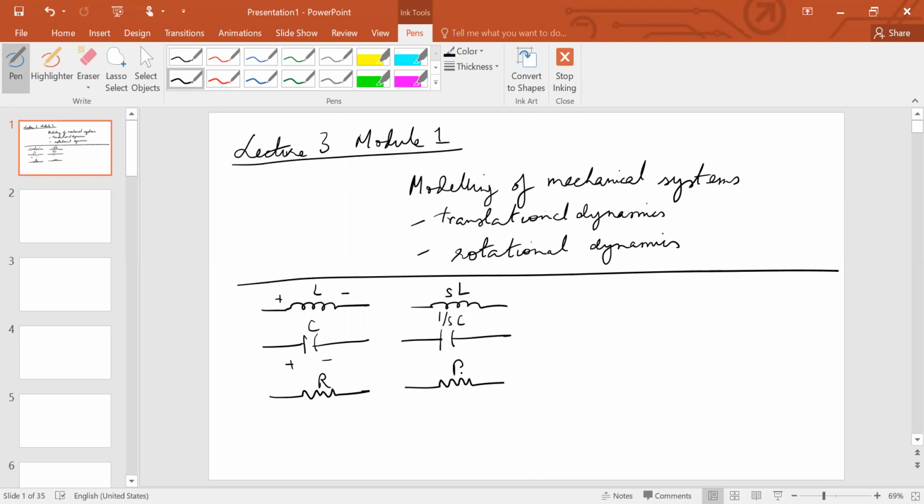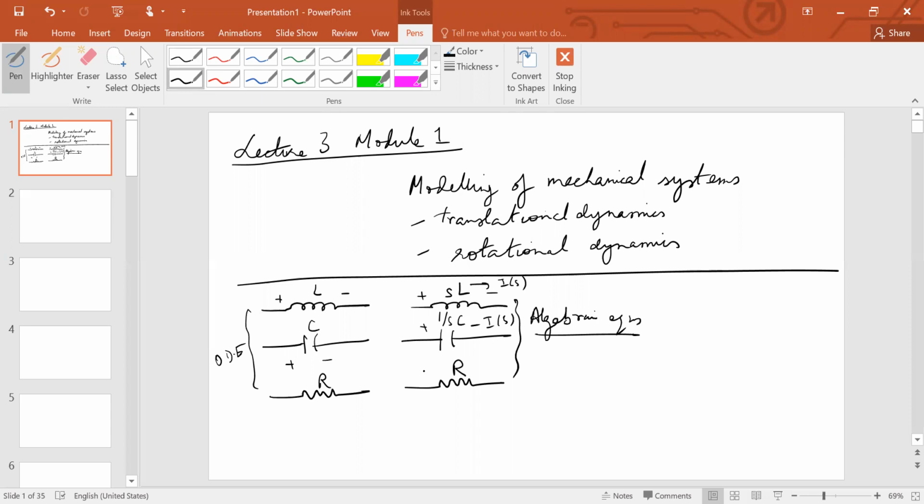Instead of dealing with differential equations, so you have ODEs in this domain, in the transform domain they turn out to be algebraic equations. However, there's a small caveat here. These substitutions are only good enough if you are considering the problem of finding the transfer function.